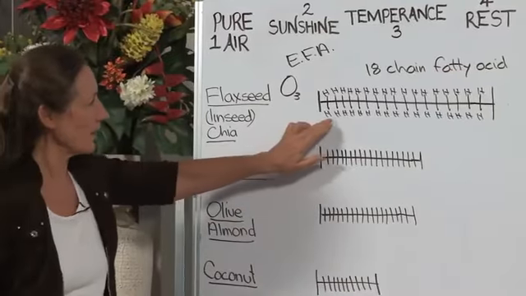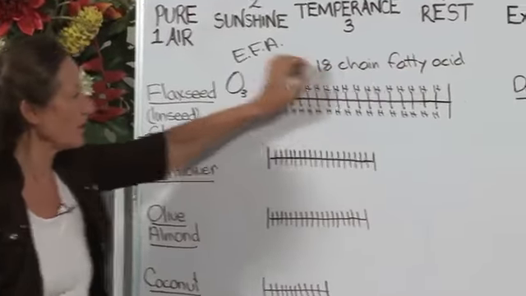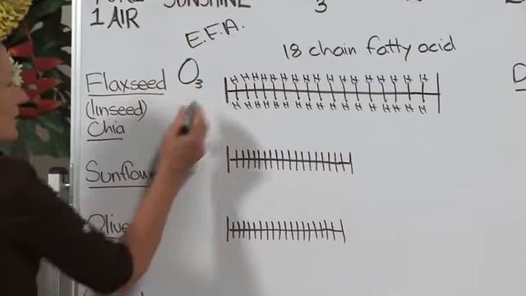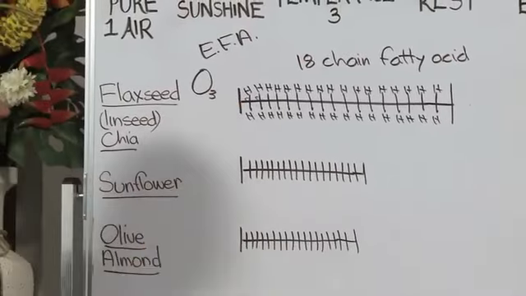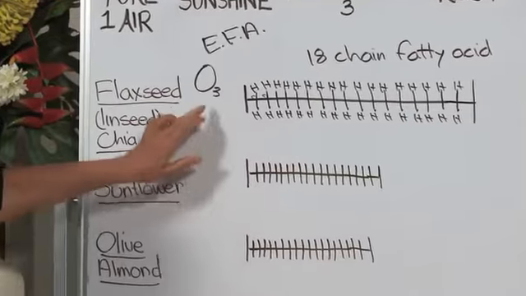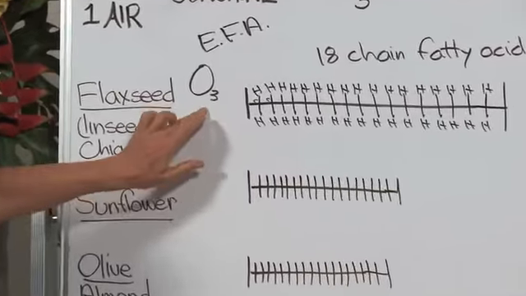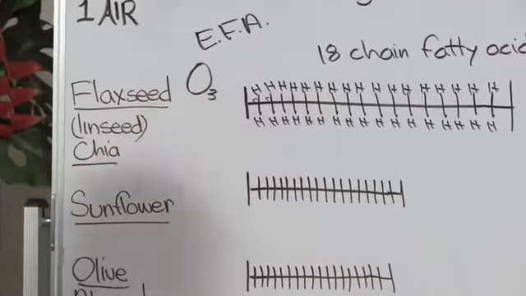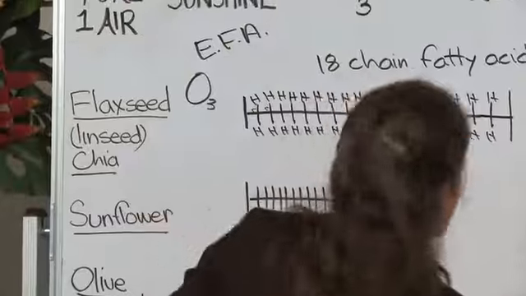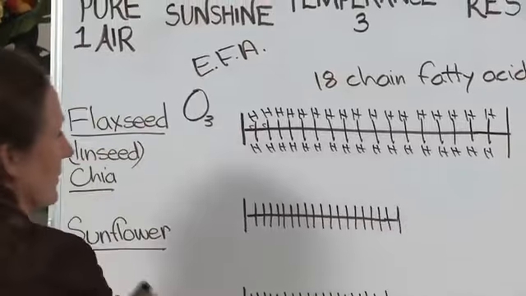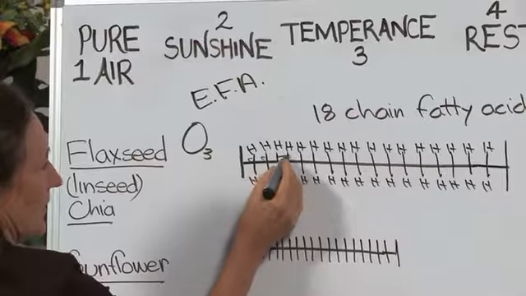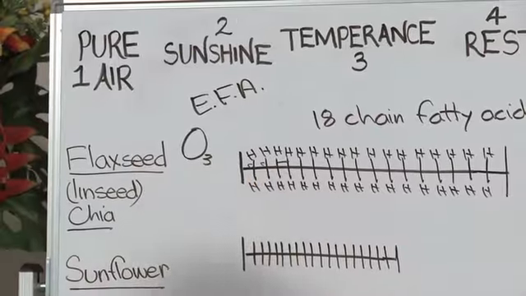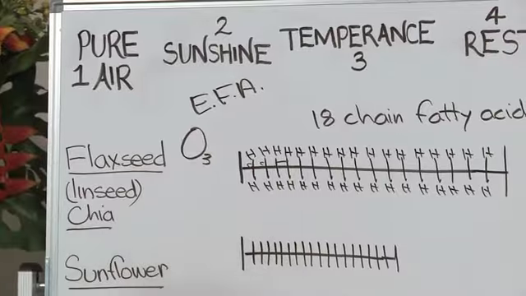Notice that there are hydrogen atoms either side, and right in the middle they are linked together by carbon atoms. What the 3 means is that at the third carbon atom there's a double bond. So let's count this. 1, 2, 3. The double bond means that instead of one link, there are 2 links.